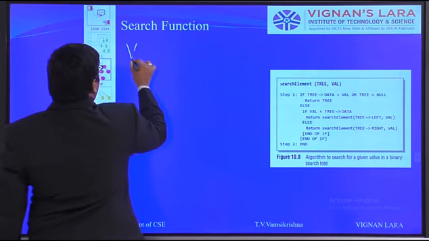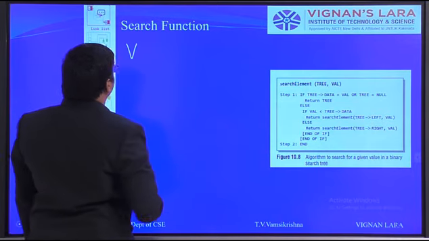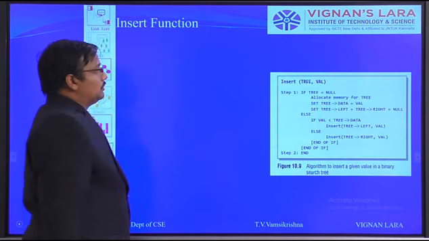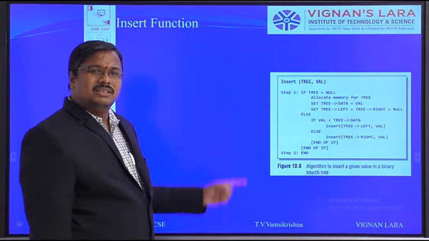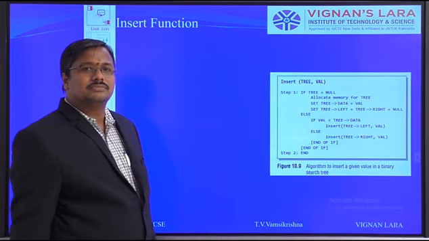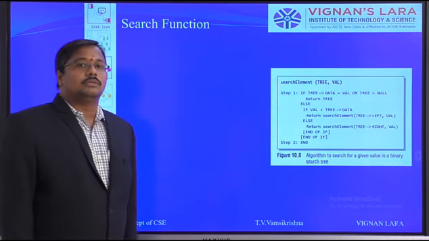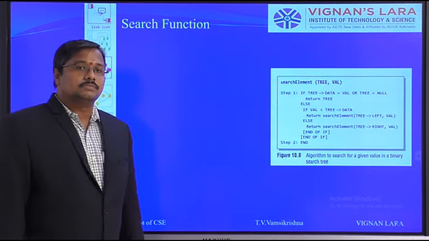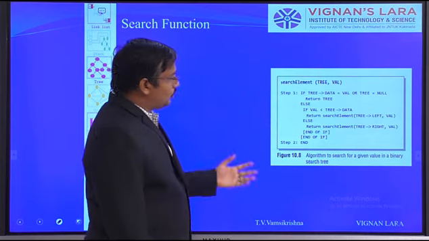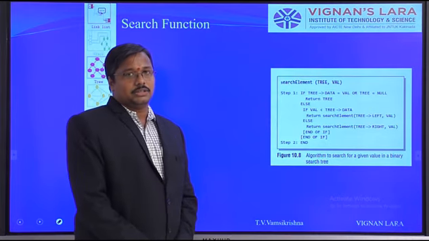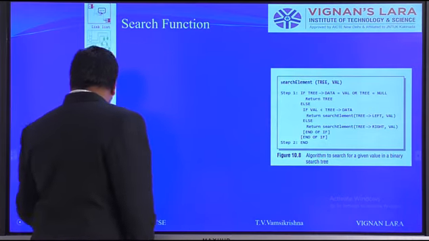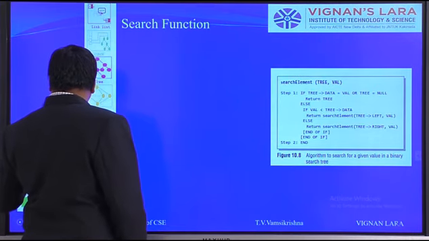So first, here return statement is there. So how to write a code for this? So initially we know how to declare a node structure, but anyway, once again I am repeating the same.